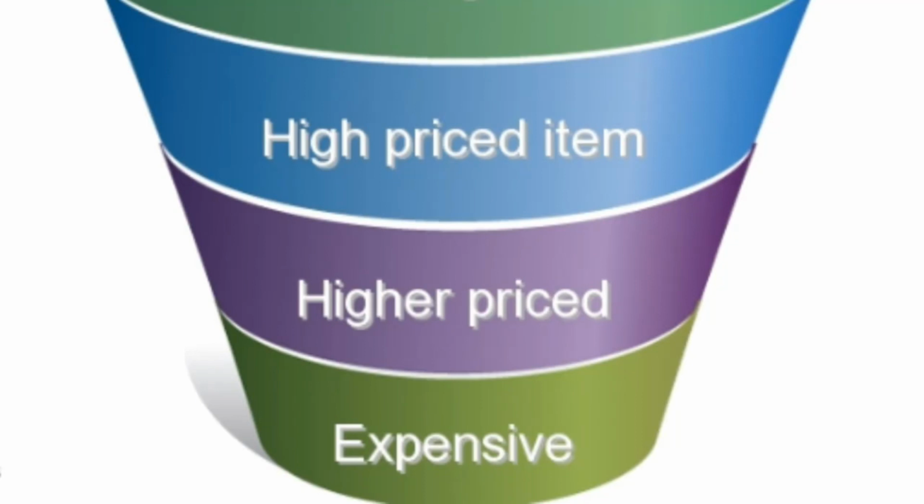So as people go down the sales funnel, they build more and more trust in you, they're more and more likely to move up to the next level, and you can sell them more and more expensive items, products, services, that sort of thing.